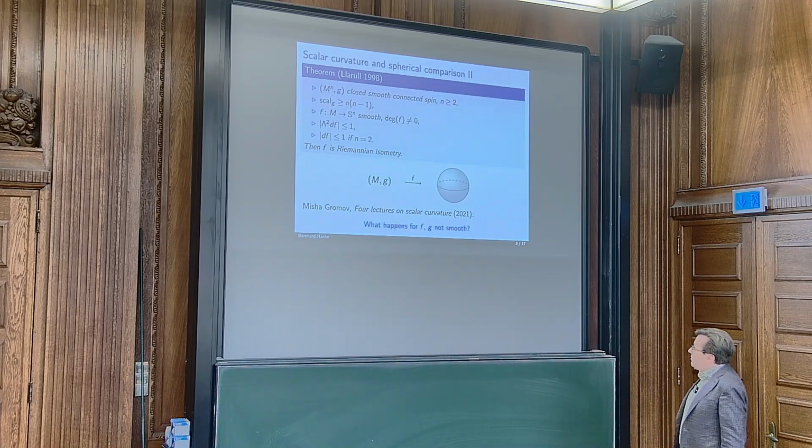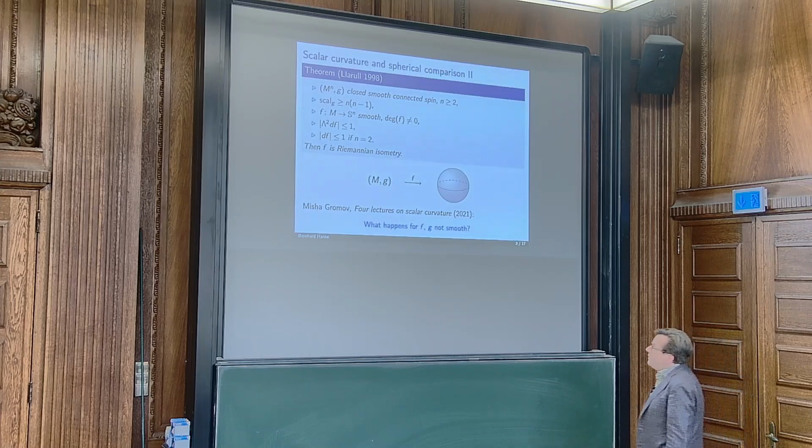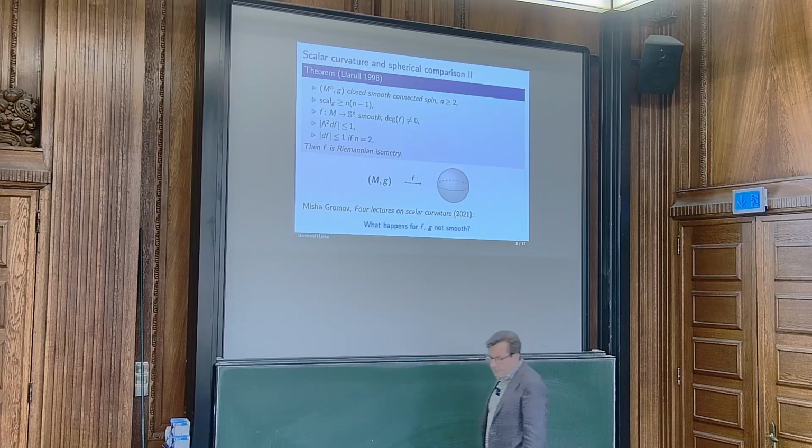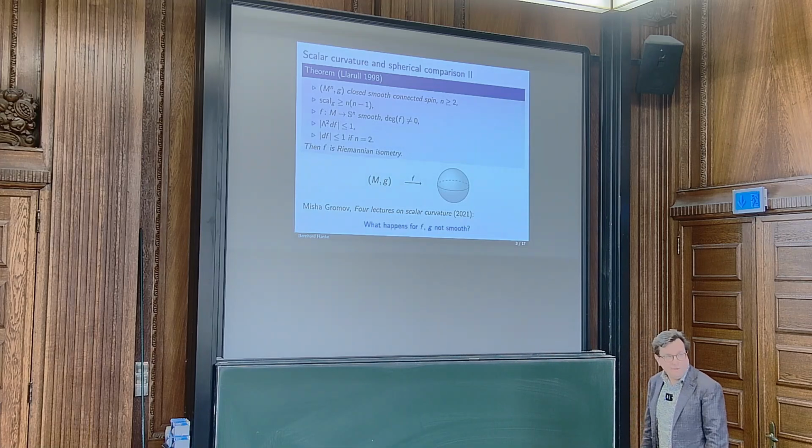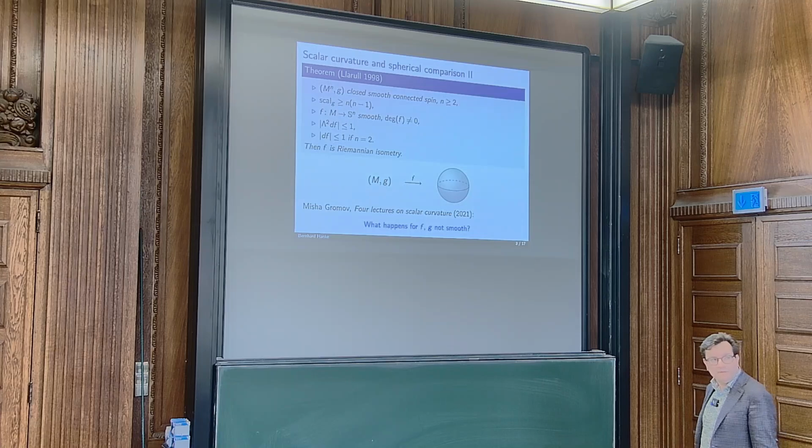Let's start with the metric G, the Riemannian metric G. So if the metric G is of regularity C2, then we define the scalar curvature of G in the usual way by taking second derivatives of the metric and combining them according to the usual formula.